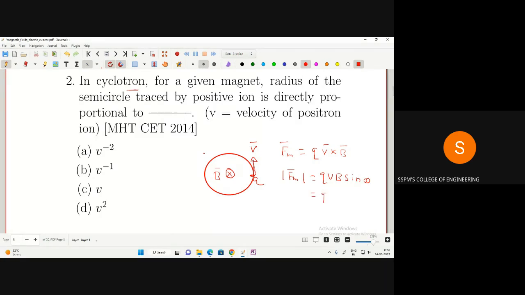So there will be a maximum force exerted on the charge q, where theta is 90. So the magnetic force Fm is equal to q into V into B. Isn't it?